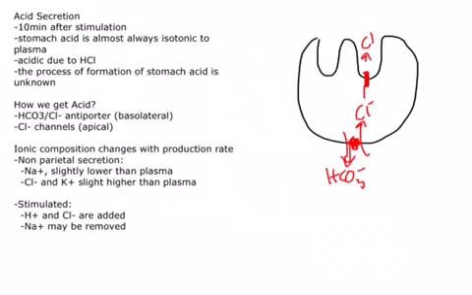And we'll also have the hydrogen-potassium pump, which we already drew on the parietal cells. And then this bicarbonate is formed from CO2 and water. But the important thing to know is the bicarbonate-chloride antiporter and the chloride channels.